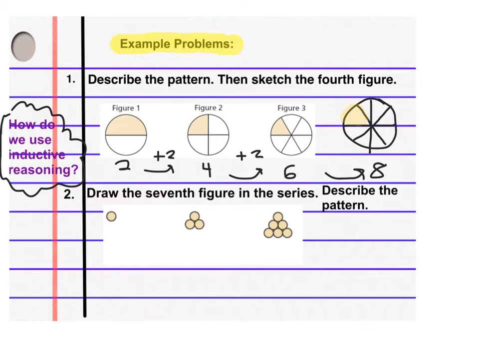I used specific examples to come up with the fourth figure. And describing the pattern, we're adding 2 sections to the circle each time.